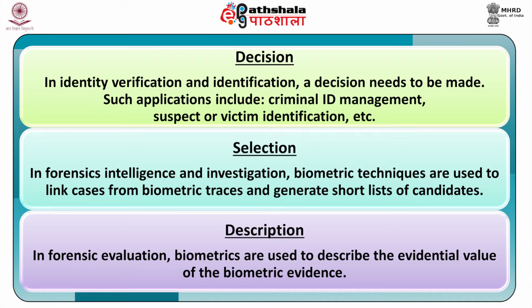Such applications include criminal ID management, suspect or victim identification, etc. Next is selection. In forensic intelligence and investigation, biometric techniques are used to link cases from biometric traces and generate a short list of candidates. And the last is description. In forensic evaluation, biometrics are used to describe the evidential value of the biometric evidence.